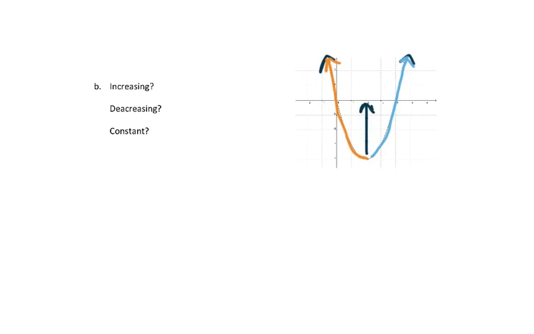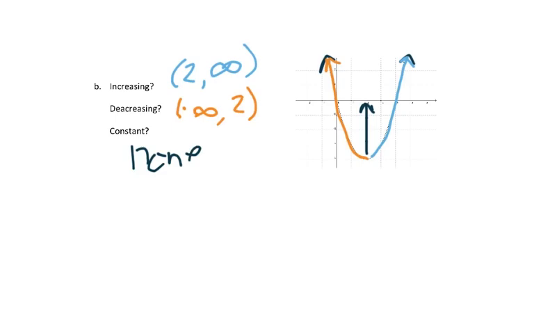It's decreasing first. So it would be negative infinity to that spot where it stops going down, which would be 2. And at 2, it starts going up or increasing, and then it increases forever, so it would be infinity. And again, this has no horizontal sections, so it doesn't have any constant values.